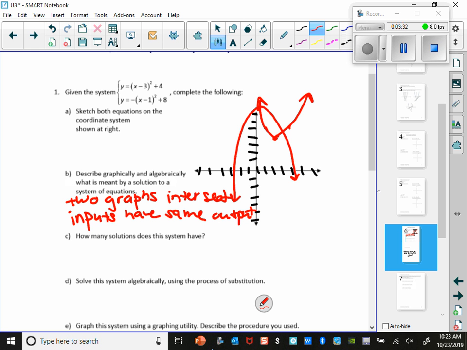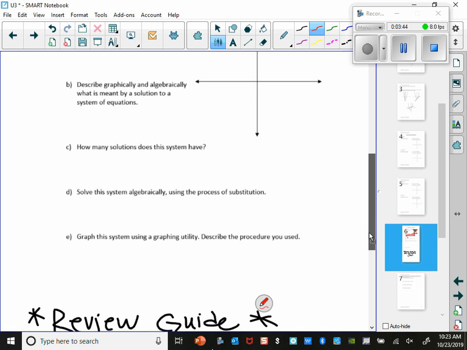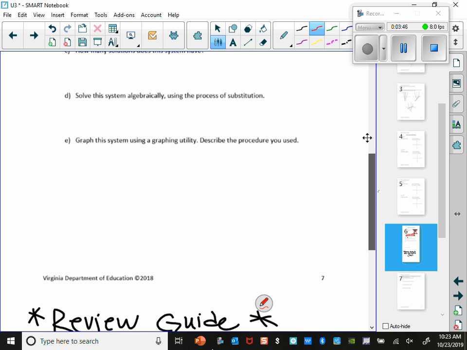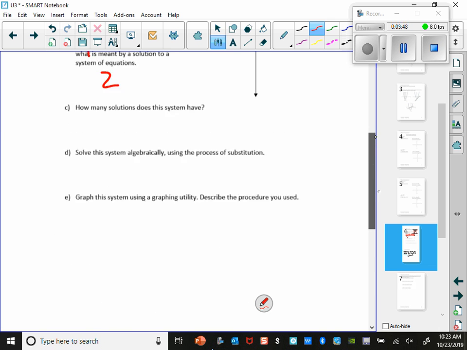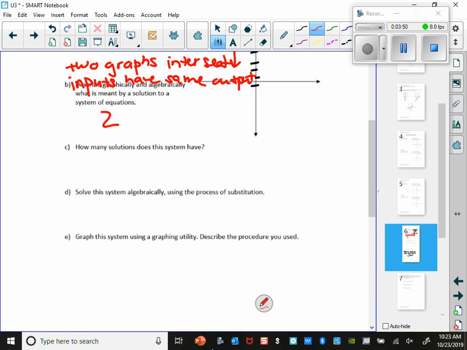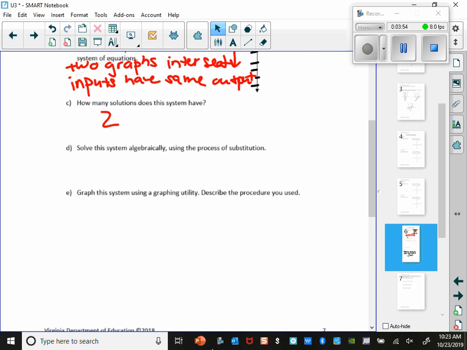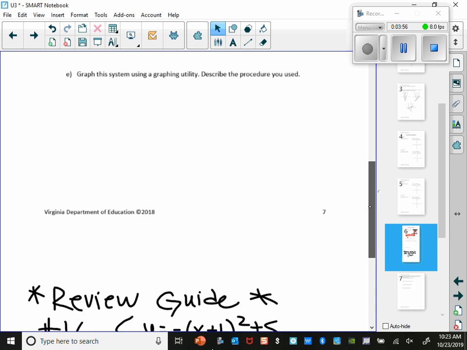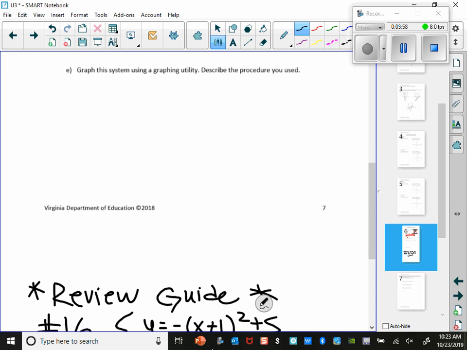So how many solutions does this system have? 2, because it intersected how many times? Twice. Good. So let's solve this algebraically using substitution. So what we went over last time. So I'm just going to rewrite it over here.